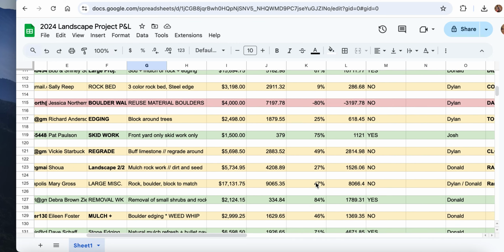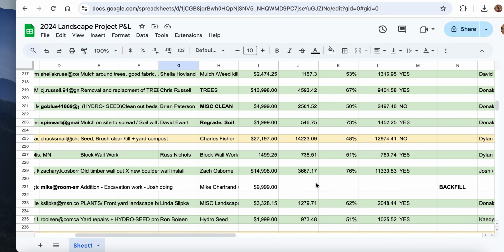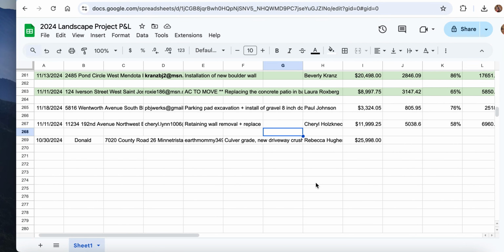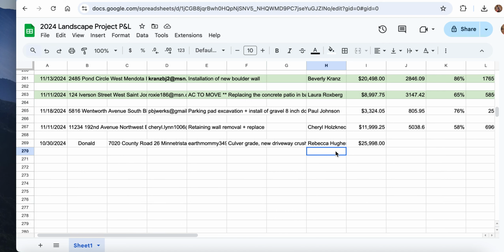So on this project that we just copied and pasted over from the Softscape spreadsheet, one thing you're going to want to do when figuring out the profit on a job is make sure that multiple crews did not work on it. If they did, say the concrete crew and the landscape crew were both out there, then on the P&L sheet you're going to need to break this total down into two separate jobs.